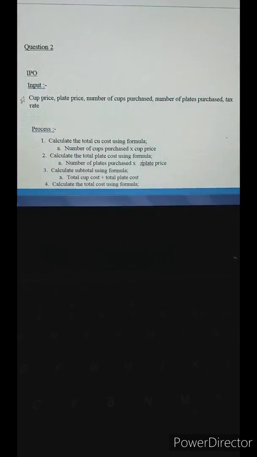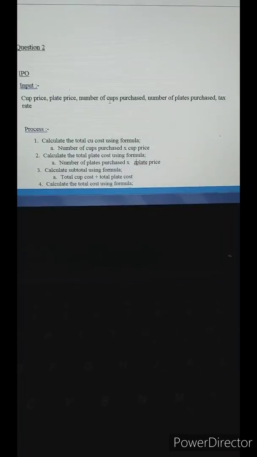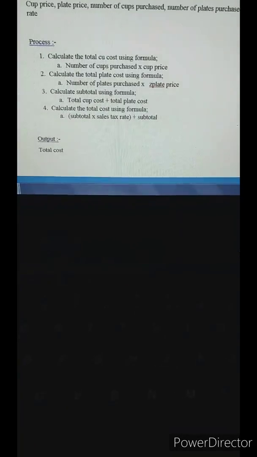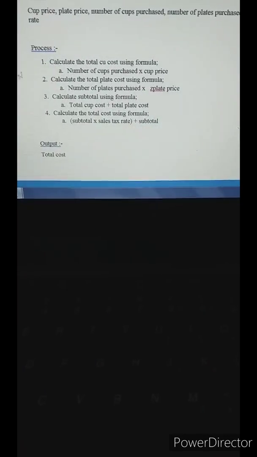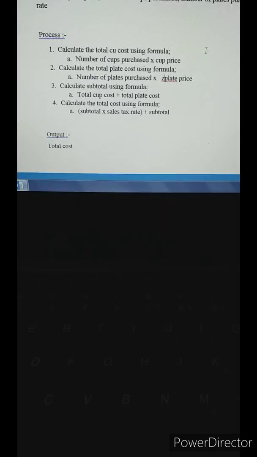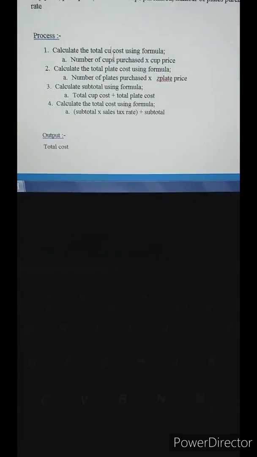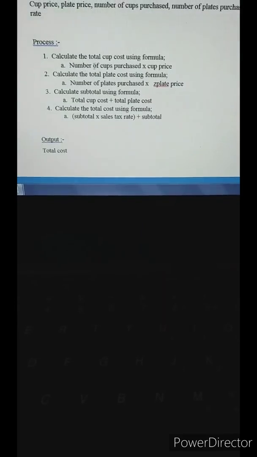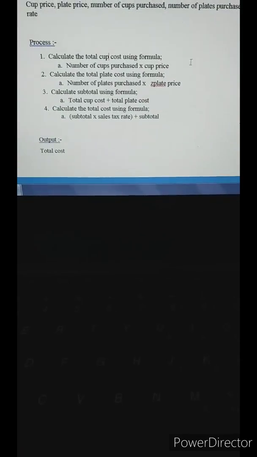The input will be cup price, plate price, number of cups purchased, number of plates purchased, and tax rate. The process is also 4 different calculations. The first calculation will be the cup cost: number of cups purchased multiplied by cup price.